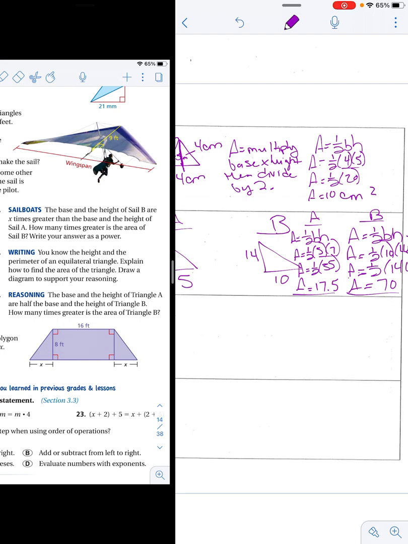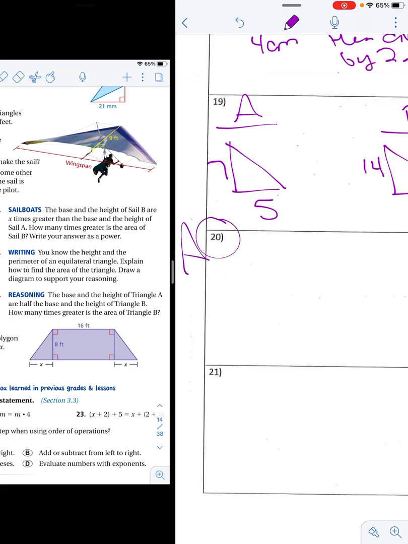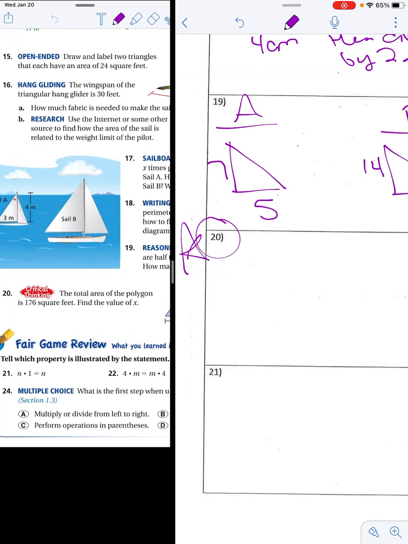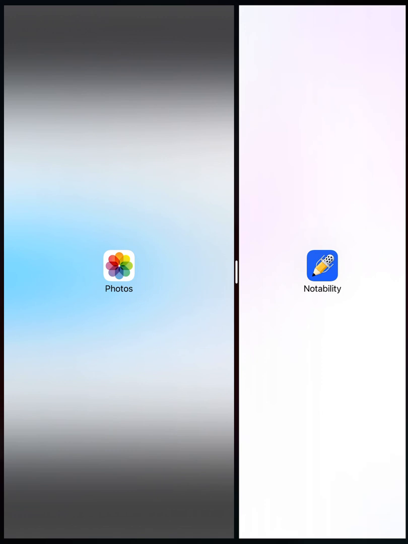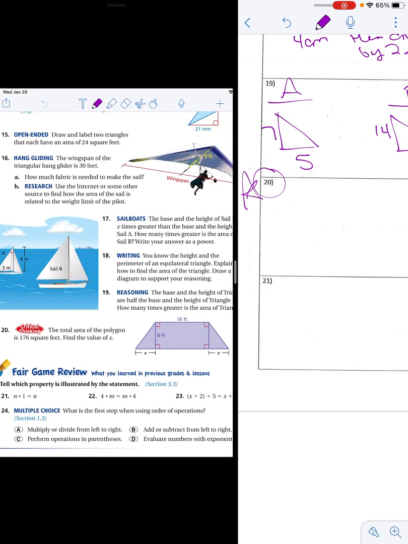Okay, and then the last one we're going to do is number 20. And guys, this one you have to think, okay? It even says critical thinking for number 20. It says the total area of the polygon is 176 feet squared.